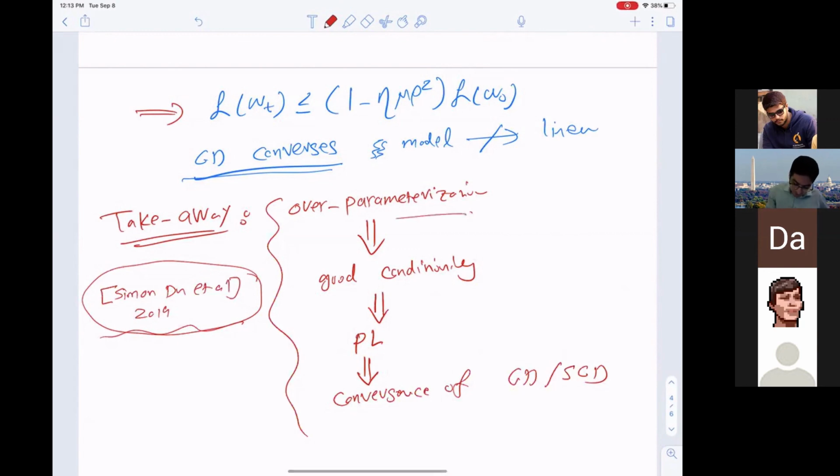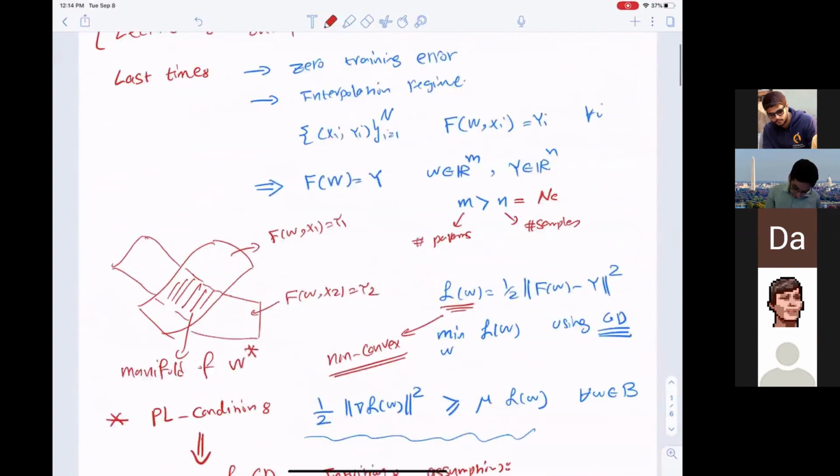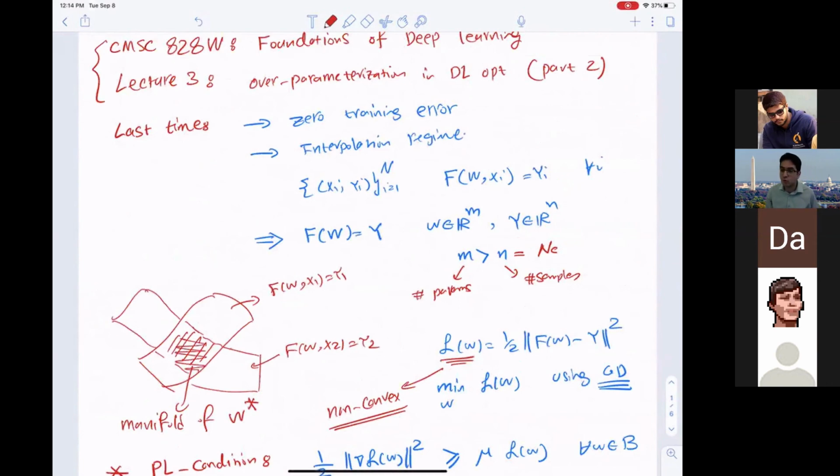So over-parameterization is about getting a good conditioning number and having a bound on the tangent kernel, the minimum eigenvalue of the tangent kernel, that immediately leads to the convergence of gradient descent or stochastic gradient descent. So next lecture, I'm going to talk about the implicit bias of gradient descent or stochastic gradient descent, because you can see that we have potentially infinitely many good solutions when we are using gradient descent.